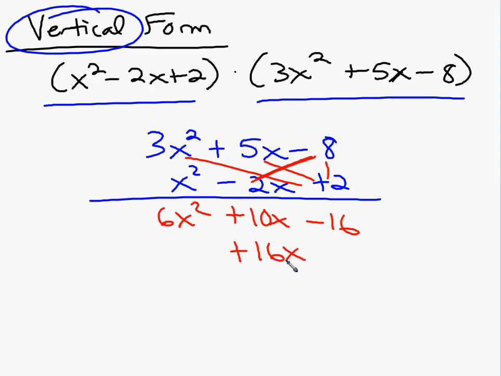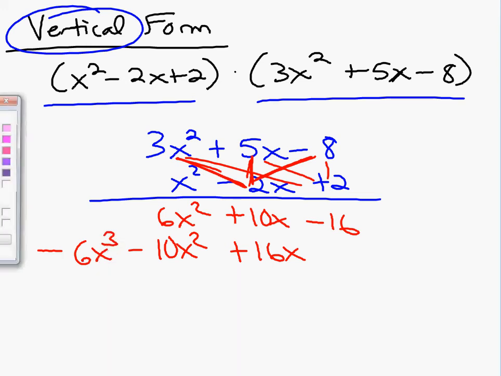Make sure you line up your like terms. Then I multiply the negative 2x times positive 5x, and I get negative 10x squared. Then I multiply the negative 2x times 3x squared, and I get negative 6x cubed.